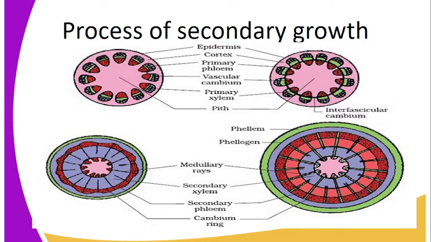The new cells are added to the older cells. So after the division of the cambium, the cells differentiate to form the secondary phloem and the secondary xylem.